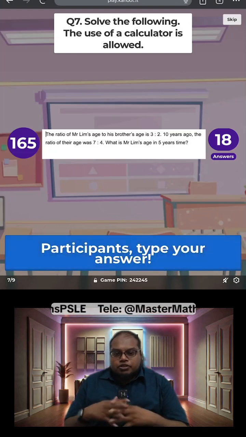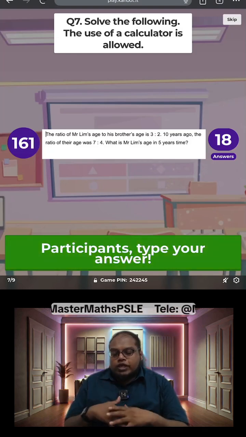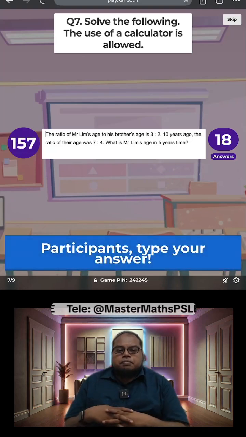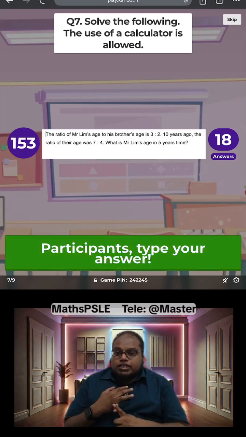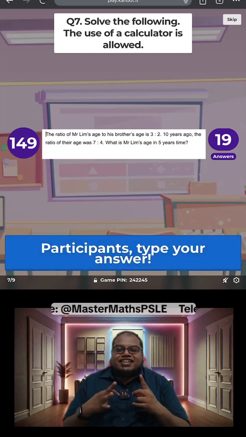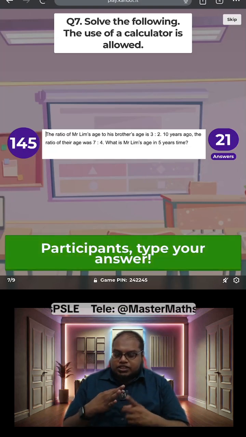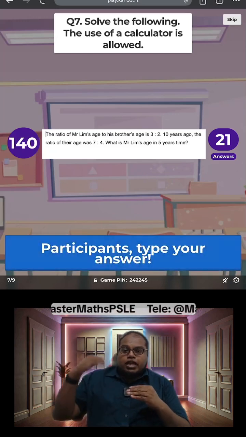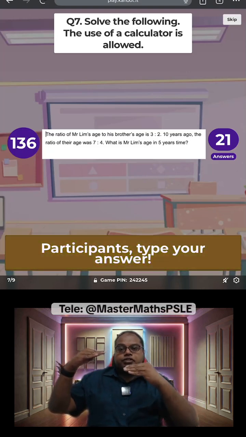About 3 more minutes. So what kind of ratio question is this? Is it the total unchanged? Is it the difference unchanged? Is it a single quantity unchanged? Which of these 3? When one person ages 5 years, the other person also ages 5 years, right?